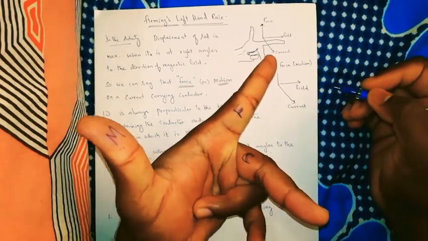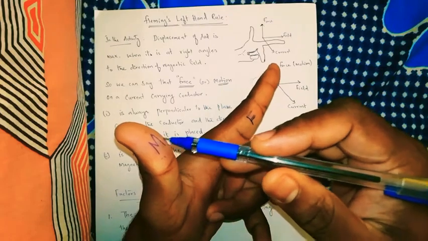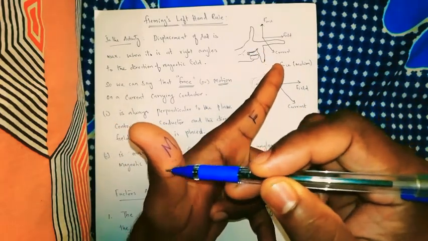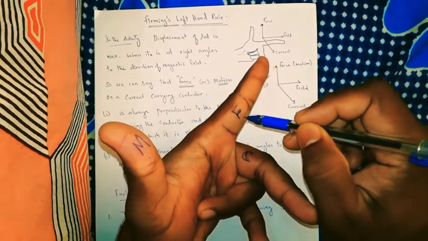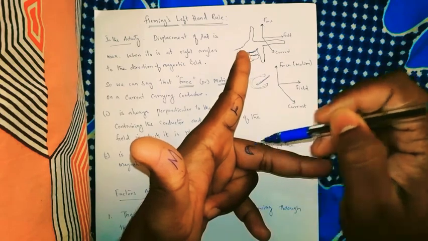Okay, it's easy for us to keep it in your mind. Child, father, mother. Mother is nothing but motion, M for motion, and father is nothing but F for field, magnetic field, and C is nothing but a current.